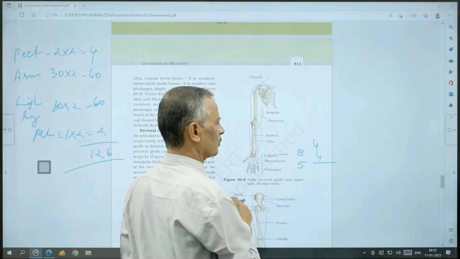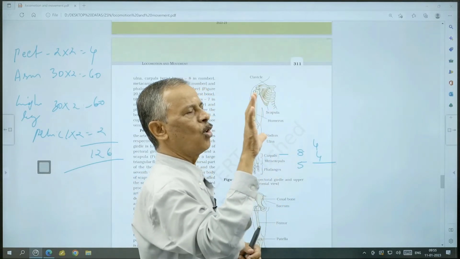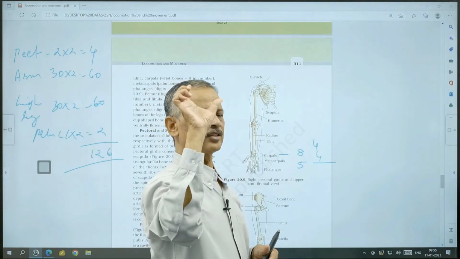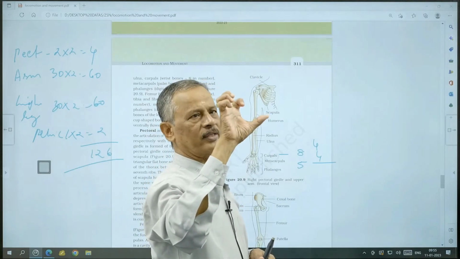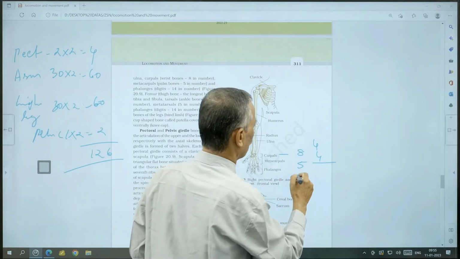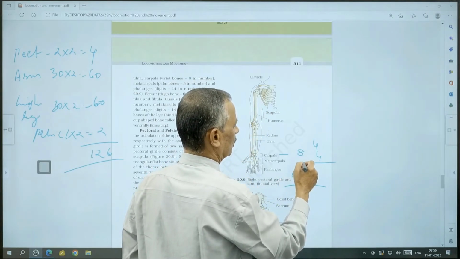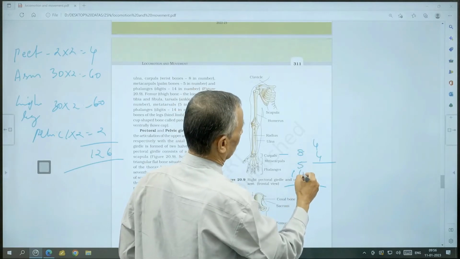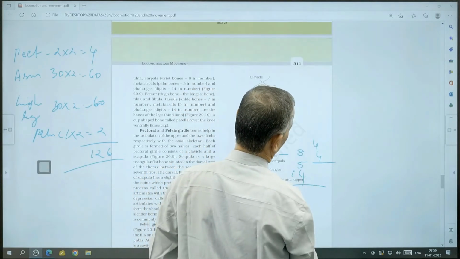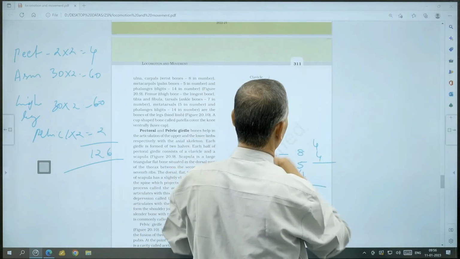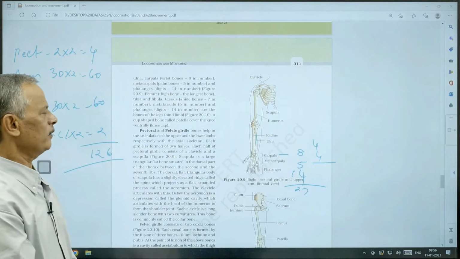And the digits: phalanges are the bones present in our fingers. The first one, the thumb, has 2, all others have 3. So total 14. So 14 plus 5 is 19, plus 8 is 27, plus 2 is 29, plus 1, 30 bones. Clear?